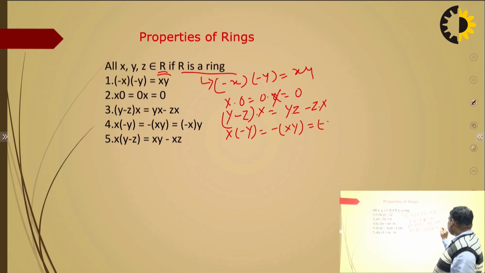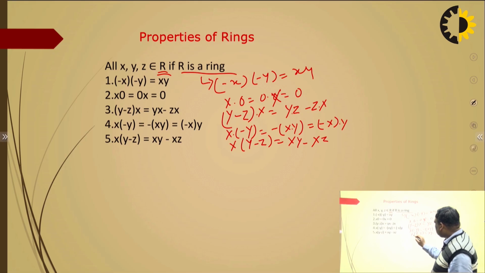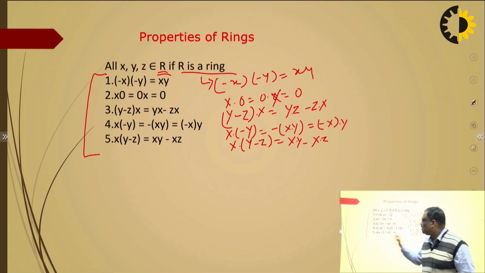And the last, x(y minus z) equals xy minus xz. So these are the 5 properties of a ring.